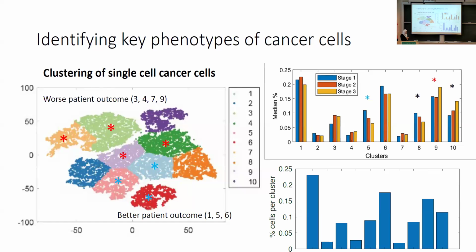What we also observe, if we look at the proportion of these different clusters or phenotypes in the patients, is that some of them are really rare. You will find less than 5% of the cells have this phenotype. But we know from the analysis that clusters 4 and 7 are associated with worse outcome.